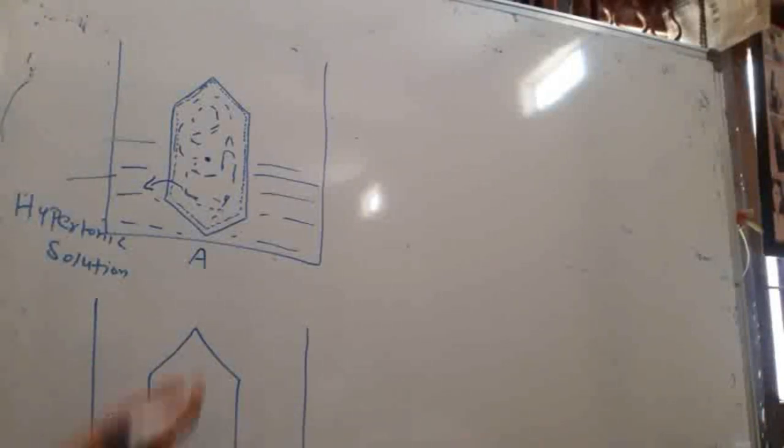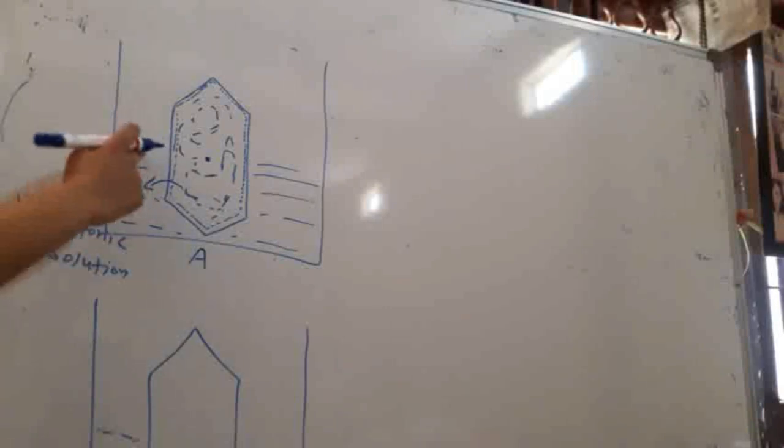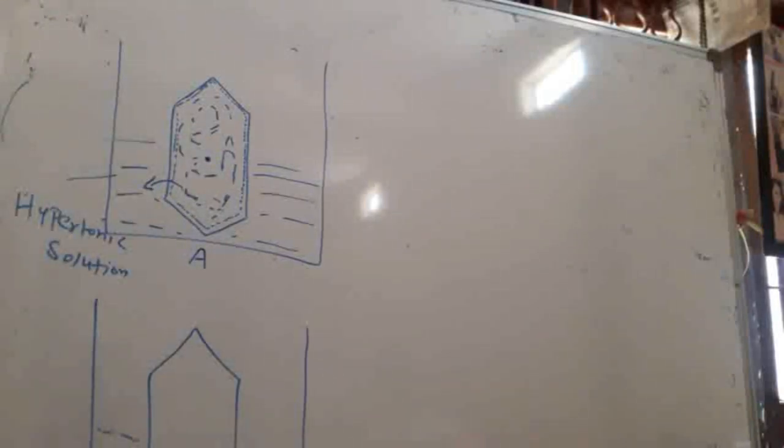When water comes out from the cell, that is outside the cell, during that time there will be shrinkage in the cytoplasm and plasma membrane. So they shrink. This takes a spherical or irregular shape.